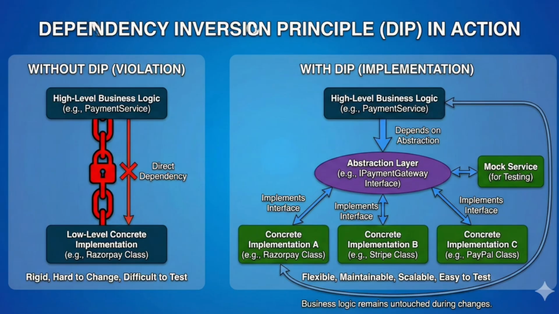So always remember, don't lock your system to a single implementation. Design for abstraction. Let your business logic depend on stable interfaces. Let implementations change freely without disturbing the core system. That is the real strength of the dependency inversion principle.